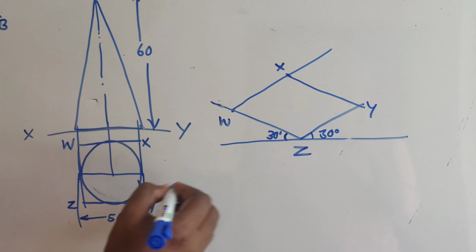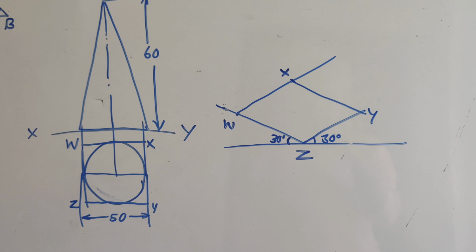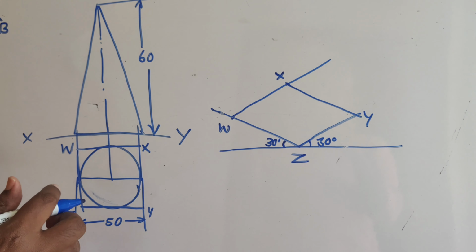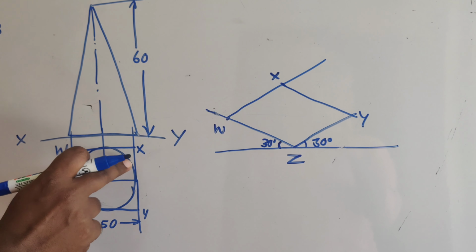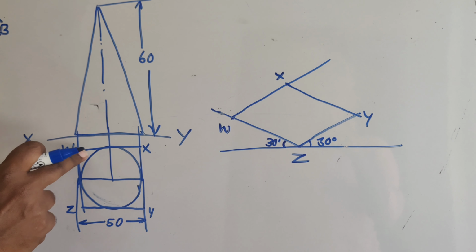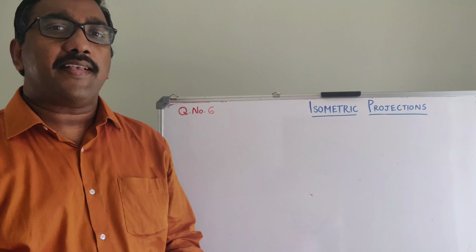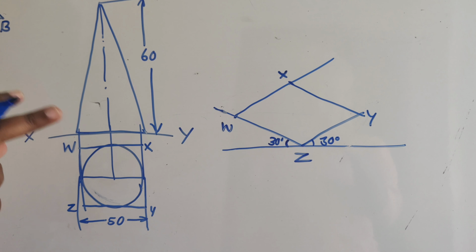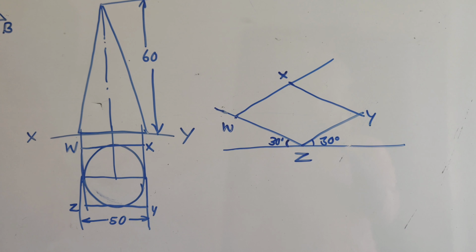So you will get Y here. Now you got a rhombus. What is the next step? You have to draw the isometric projection of this circle here. The isometric projection of a circle is an ellipse. So you have to draw an ellipse.